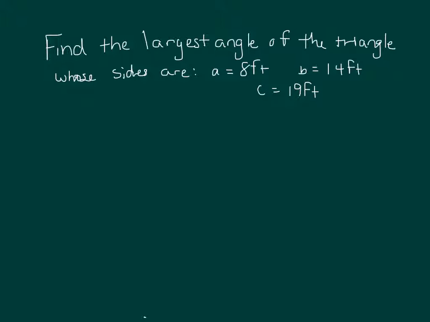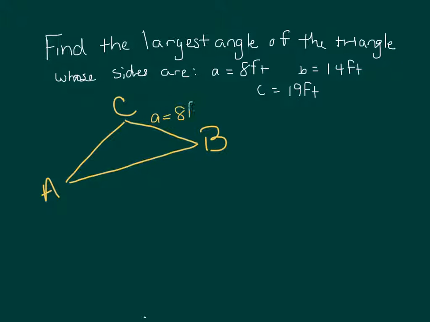The very first thing we're going to do, as I've mentioned before, is draw the triangle. We'll draw and label our triangle: this is A, this is B, and this is C. Remember, opposite angle A is side A, so little a equals 8 feet.